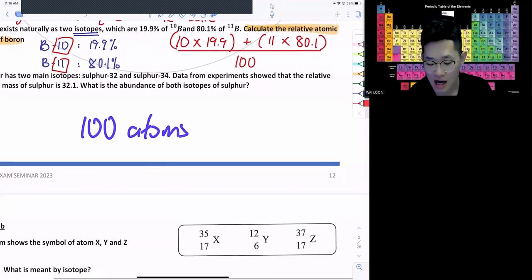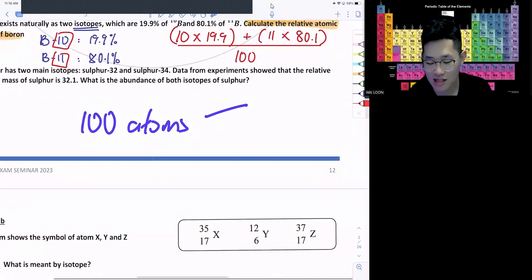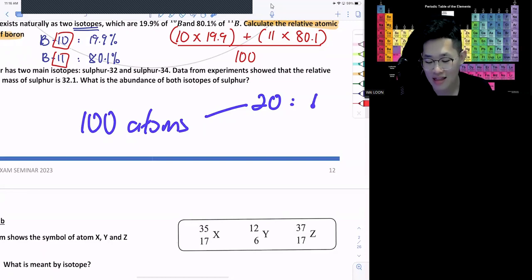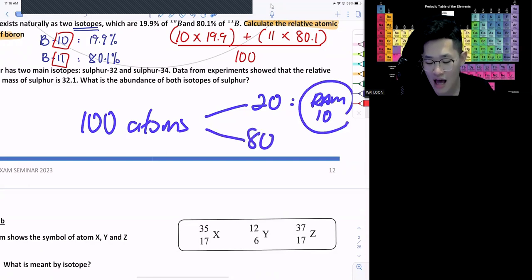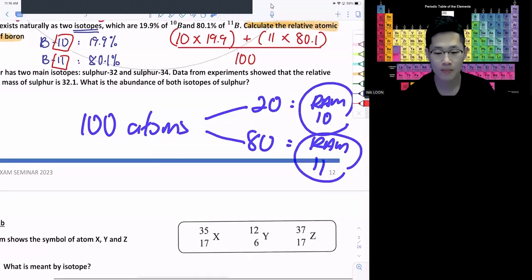Let's say I got 20 atoms having a mass of 10. And then I'm also having 80 atoms that has a relative atomic mass of 11.